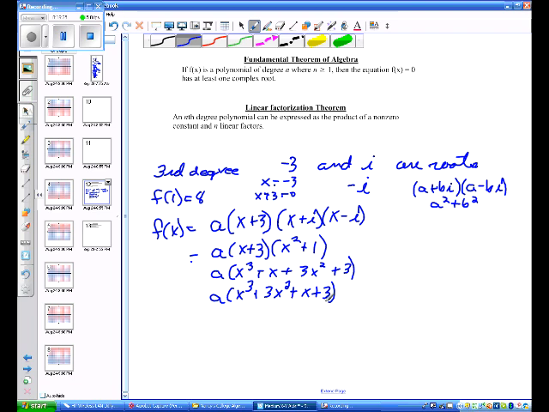Now, that gives us an equation, but it doesn't tell us the a. It gives us what we might call a parent equation for this, or a family of equations. The a will give us a specific one. So that's where we go back and use this piece of information. f of 1 equals 8. So we're going to find f of 1, which means we're going to take our equation. Wherever there's an x, we would plug in 1.